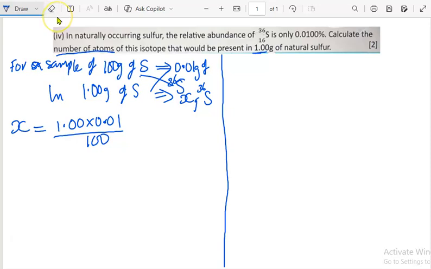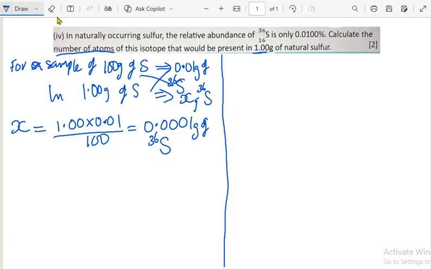This will give us about 0.0001 gram of sulfur-36. So in 1 gram of natural sulfur, we have 0.0001 gram of sulfur-36.